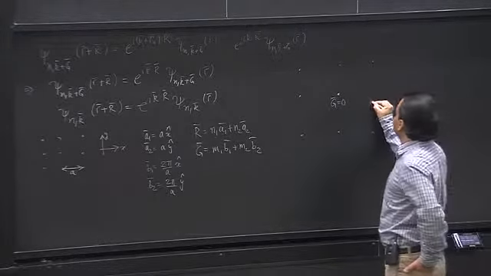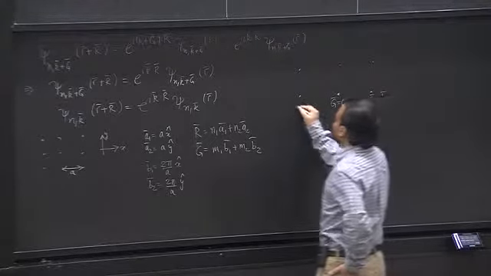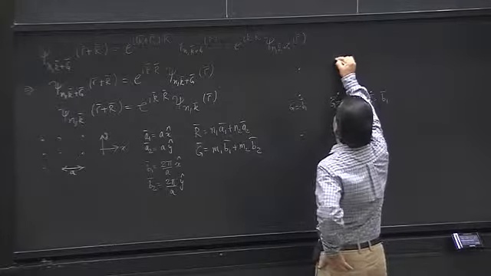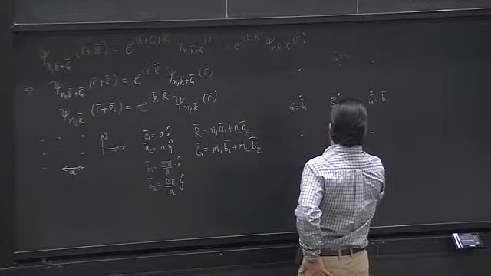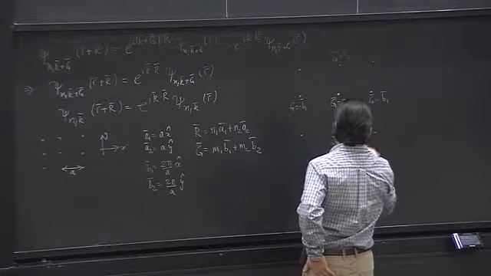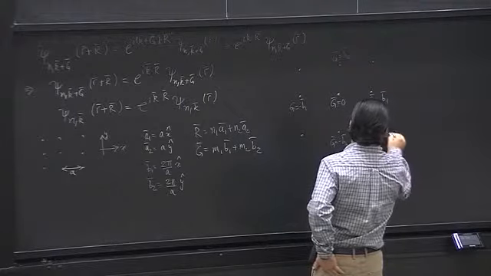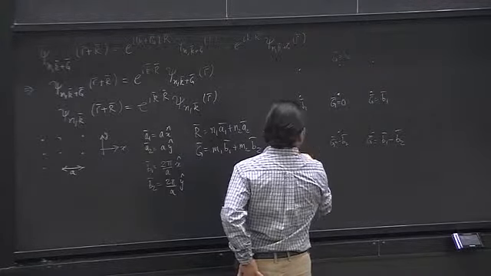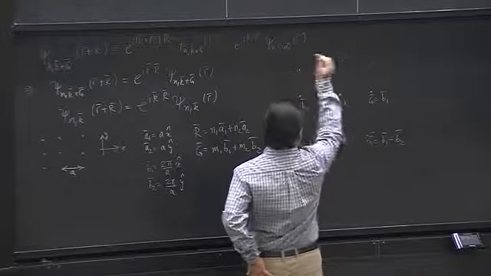So this is G equal to b1. This is G equal to minus b1. This is G equal to b2. G equal to minus b2. This is G equal to b1 minus b2. This is G equal to minus b1 minus b2, and so on.